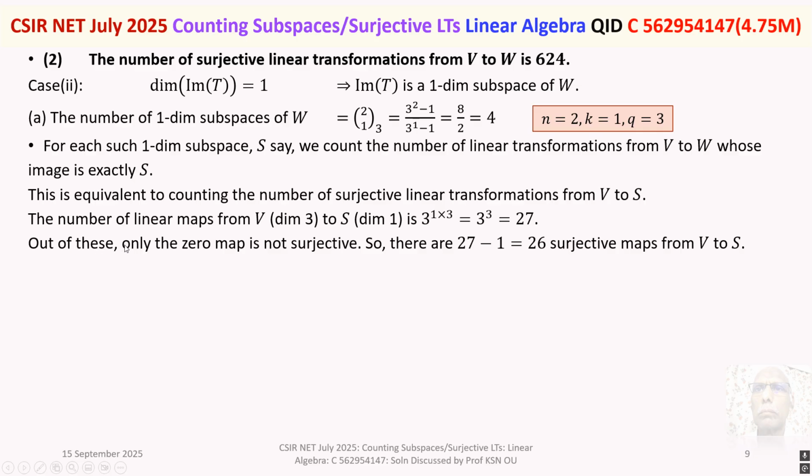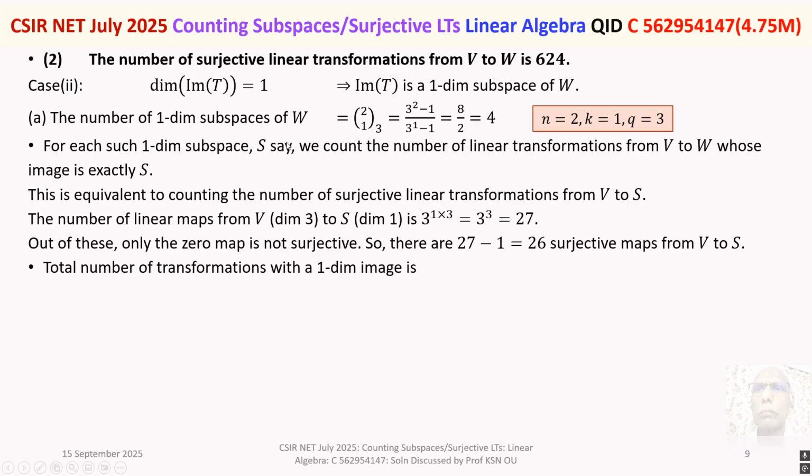We are counting surjective linear transformations, and the 0 map is there in this 27, but it is not surjective. Therefore, you have to remove that one. So 27 minus 1, that is 26 surjective maps from V to S.